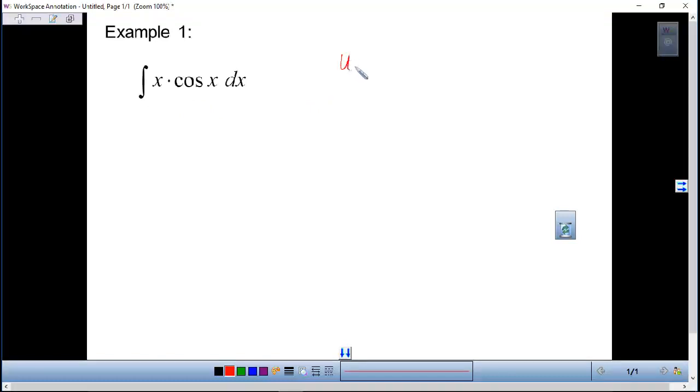So I'm going to let u equal x. And if I let u equal x, that means that dv is equal to everything that's left, so cosine x dx. So I need to find du, and that's going to be 1 dx, or just dx.